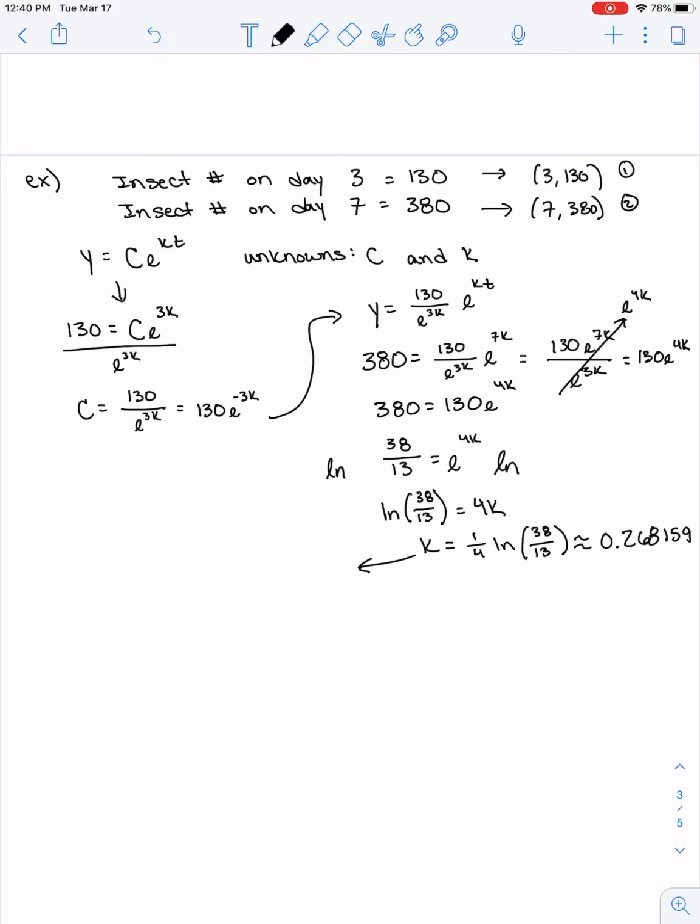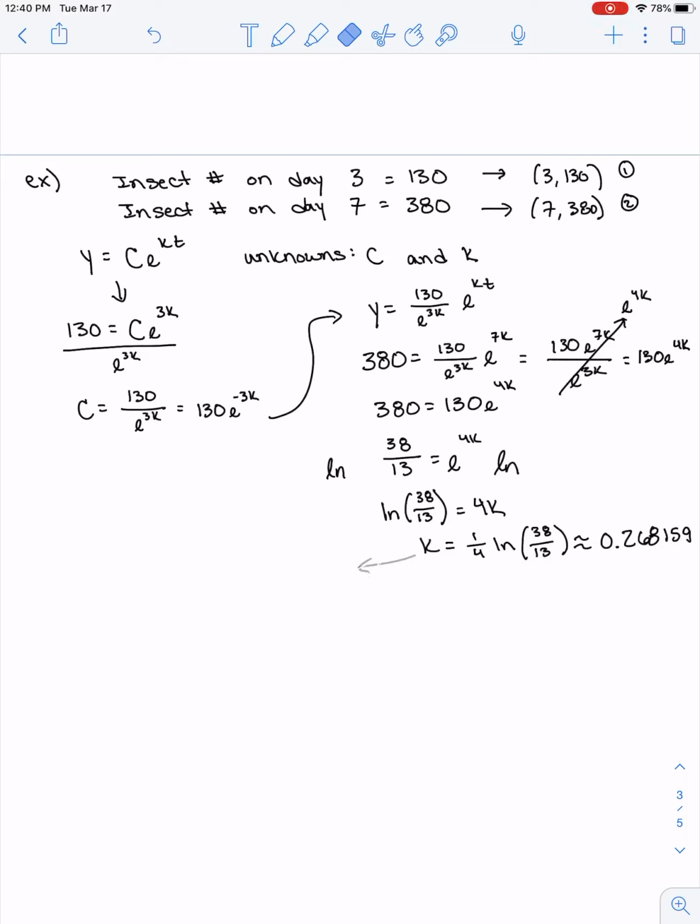So if we know that y is equal to c e to the kt, and we now know what k is equal to, then we can solve for what c is equal to. I guess I already solved for c up here, so let's use that equation first.